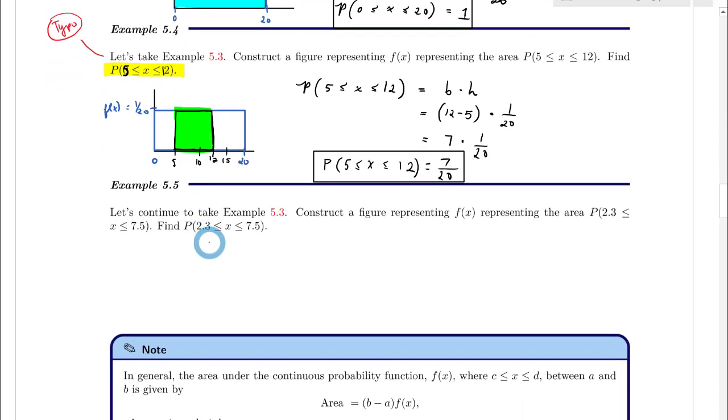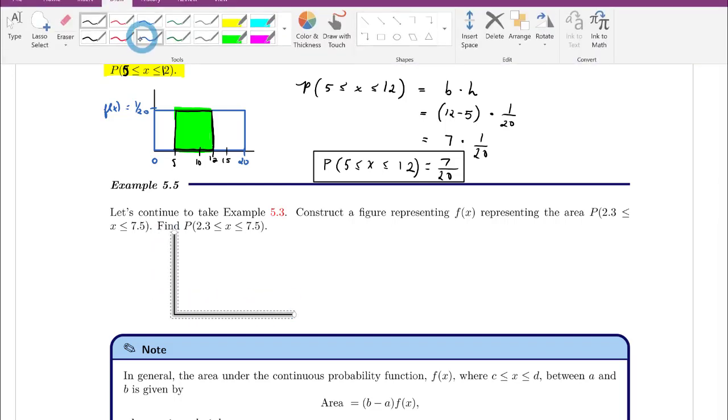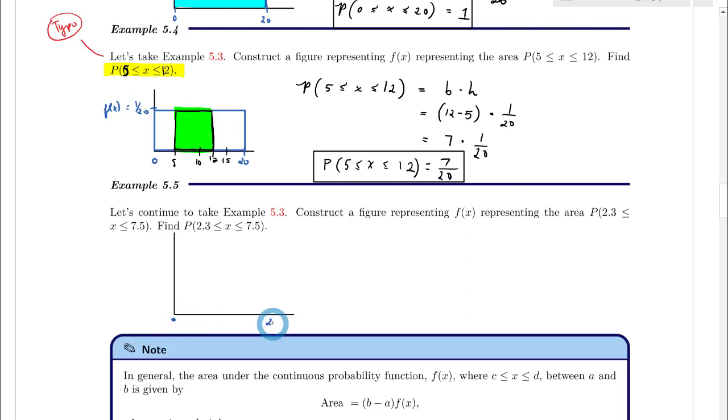Okay, now let's do something that's not as comfortable. So let's continue with the function 1/20th, and we'll represent a figure representing the area between 2.3 and 7.5. So still draw the first quadrant as usual. And here's 0, here's 20. And then you still have 1/20th as f of x. And now it gets a little tricky because here's 10, here's 5, and here's 15.